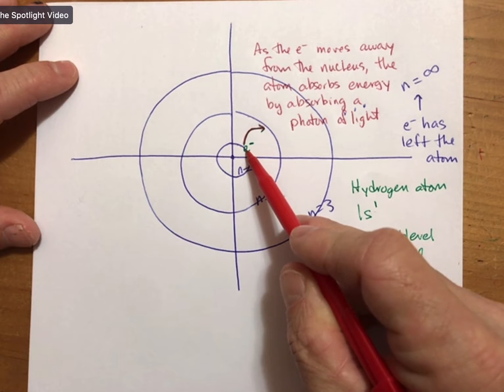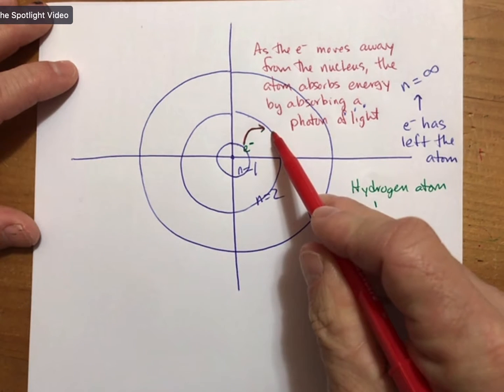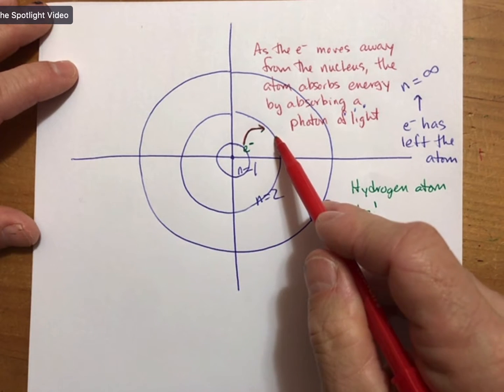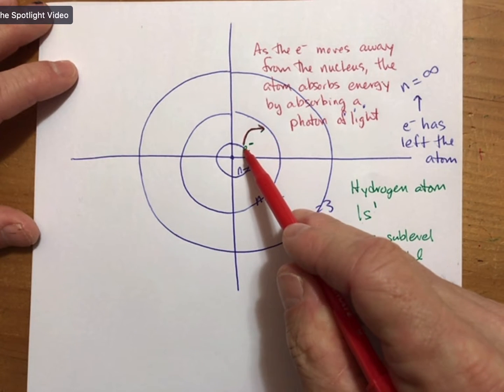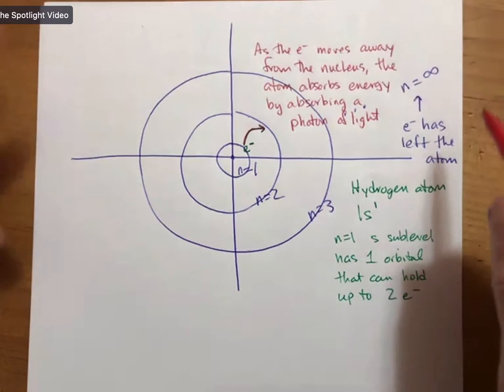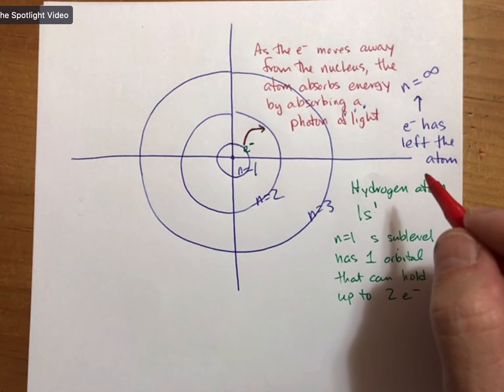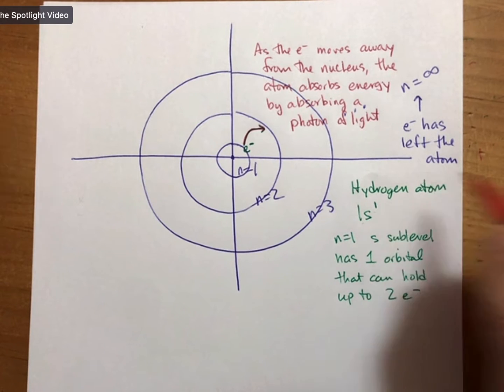So if the electron moves from n equals 1 to n equals 2, that's an excited state. If it moves from n equals 1 to n equals 3 or 4 or 5, those are excited states as well. There are many excited states, but only one ground state.